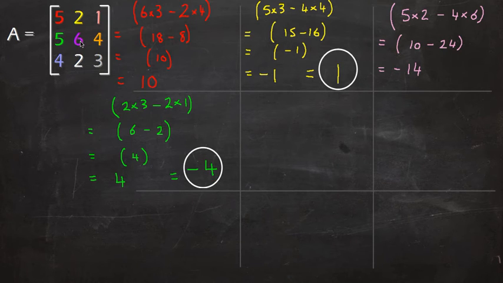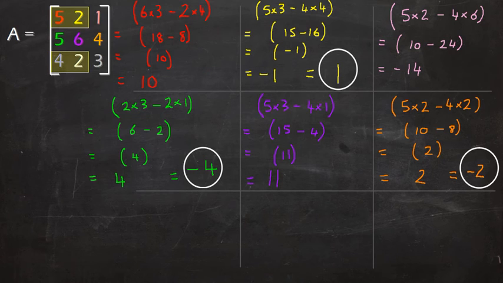Now for element 6, the cofactor, we ignore 6's row and column, so it'll be 5 times 3 take away 4 times 1, which is 15 take away 4, which is 11. So that's that. And now we're on to this element, second row third column, which is 4. So we ignore that row and that column and we multiply everything else.